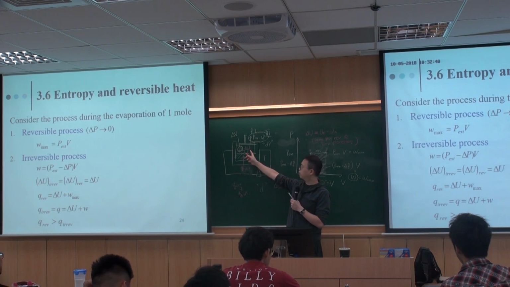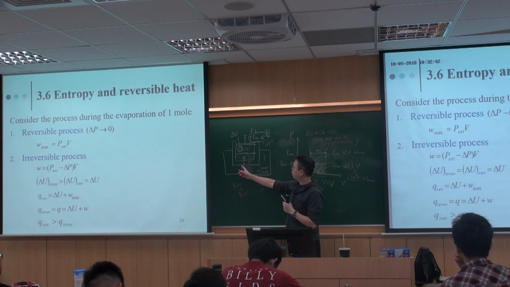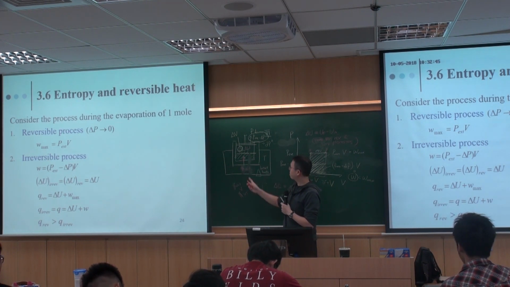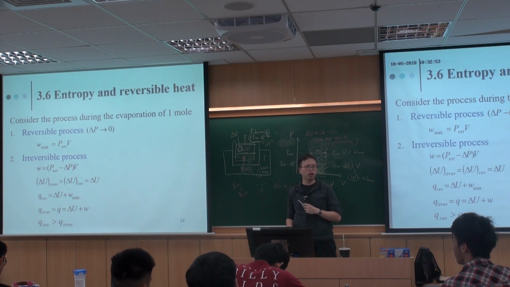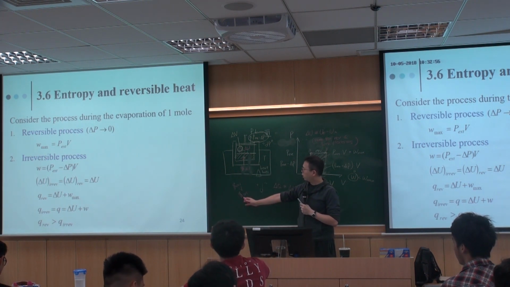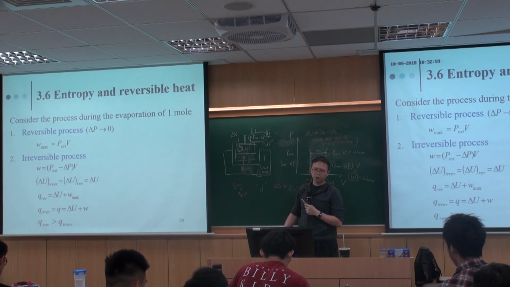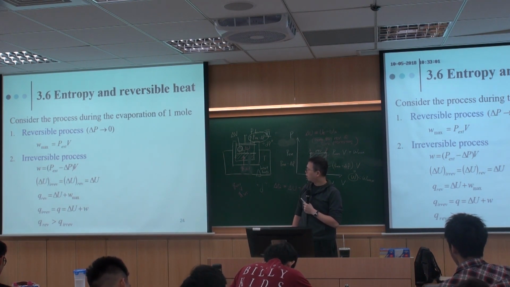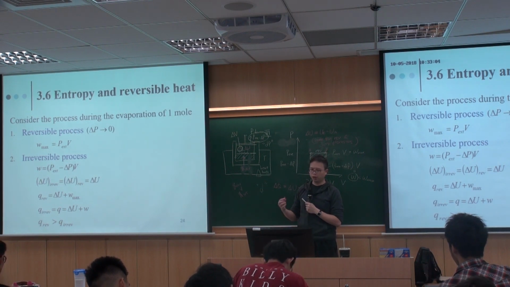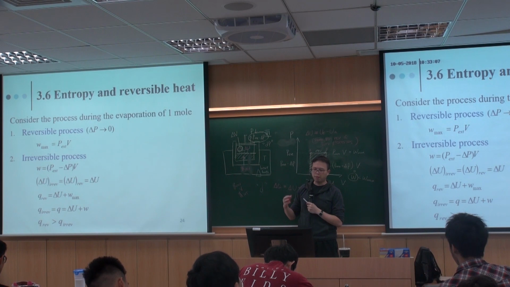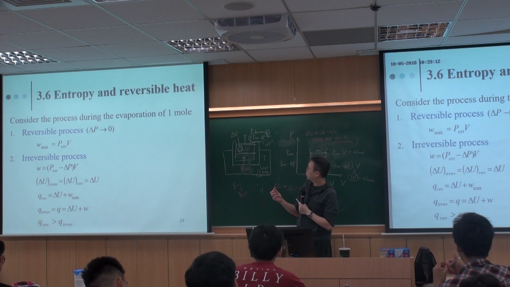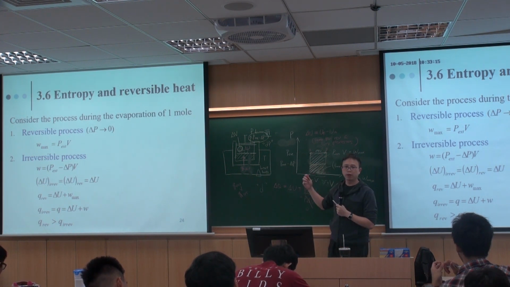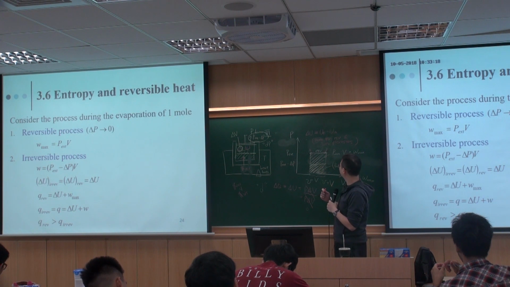For the same change of delta U, you need to absorb a certain amount of heat, right? And for the reversible process, this heat is greater in order to change the same amount of delta U. An intuitive way to think of this is that for the irreversible process, some amount of the work has been converted into heat. That's the reason why we cannot do maximum work. Does that make sense?